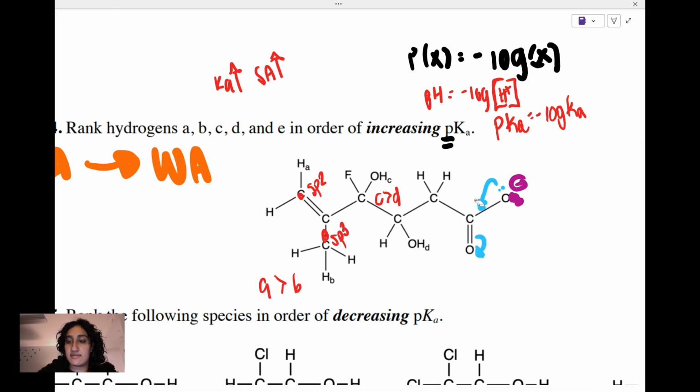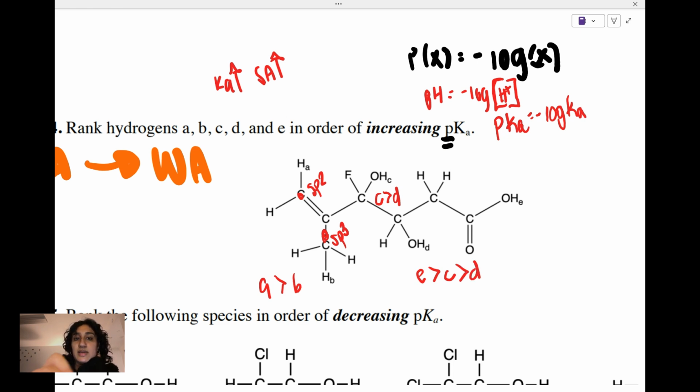So here we have the negative charge being shared between these two oxygens, right? Okay, so because we have resonance here, this is a stabler conjugate base than C, and this is going to be the stronger acid than C. So we can say that E is stronger than C is stronger than D.